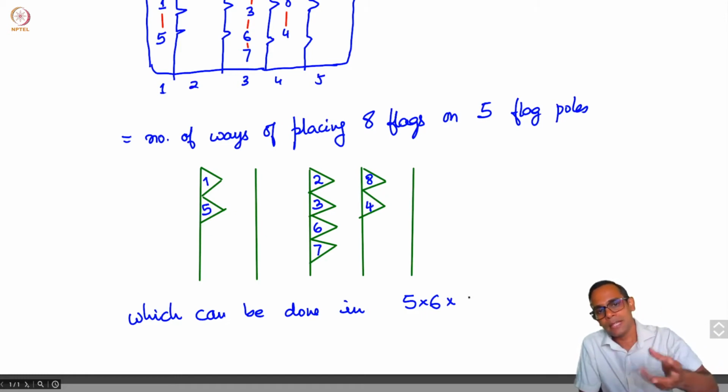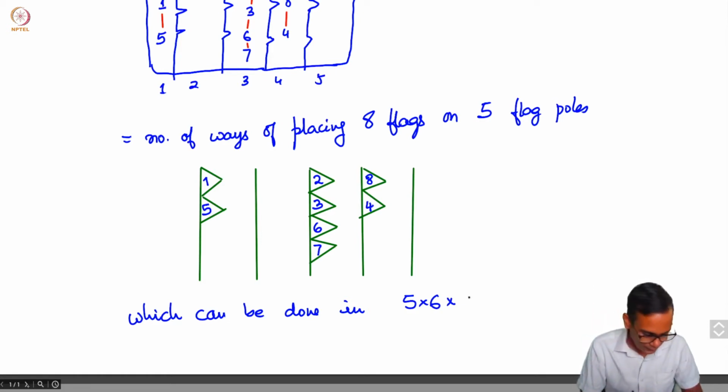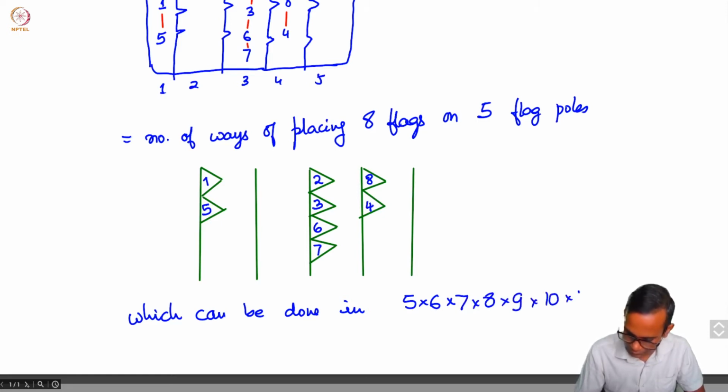If they were both on the same flagpole, then I have 3 places where I can put it: above both of them, between them, or below them. In any case, I get 7 choices and so on. And so since there are 8 flags, I get 5 into 6 into 7 into 8 into 9 into 10 into 11 into 12.